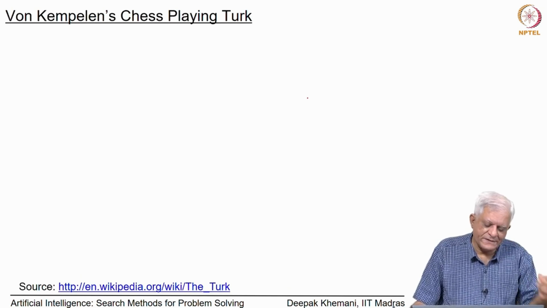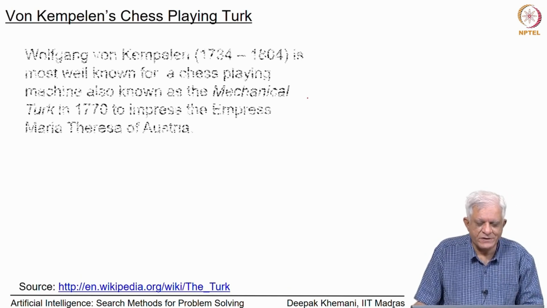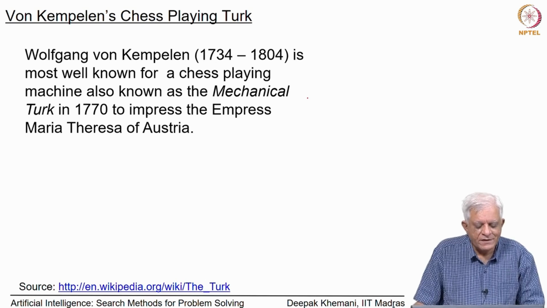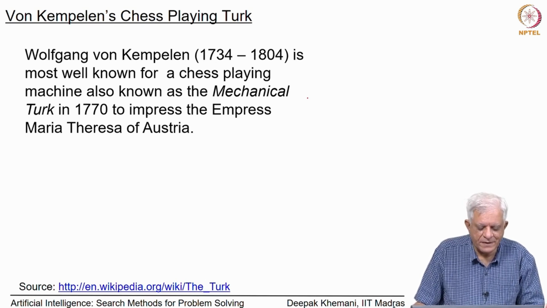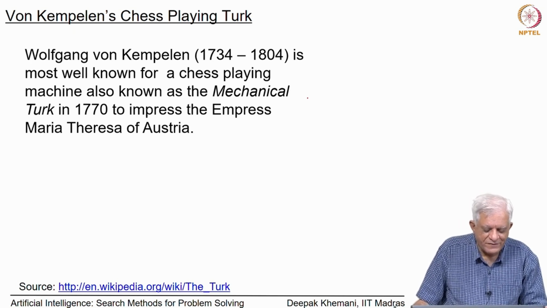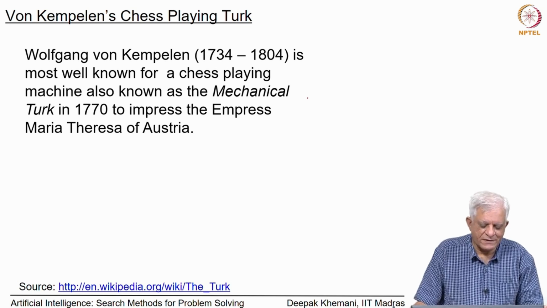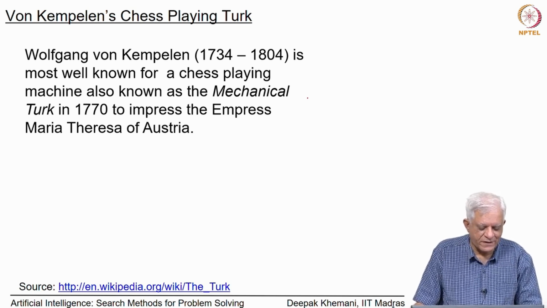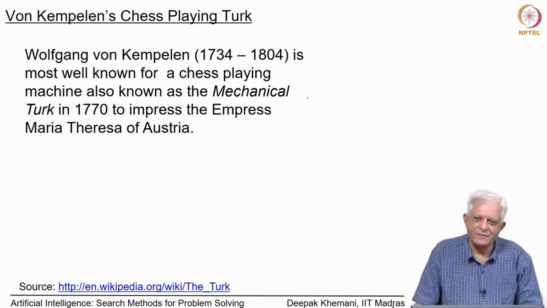Now, chess has fascinated us for centuries, as we have seen, and in medieval Europe, Wolfgang Kempelen is said to have constructed a chess playing machine, which was called the Mechanical Turk in 1770, in order to impress the Empress of Austria, Maria Theresa.